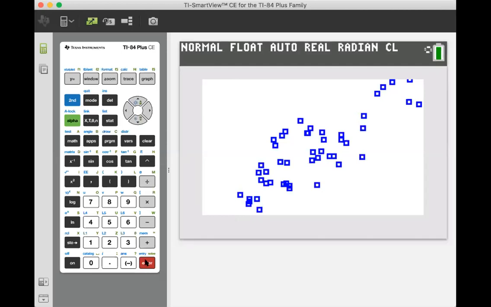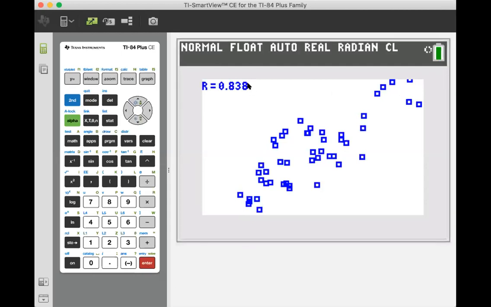All right, so remember it was 0.75. The estimate from our 50 data points or 50 ordered pairs is 0.838. And the larger the sample size, the better this is going to be, or the closer this is going to get to the actual value of the correlation coefficient.